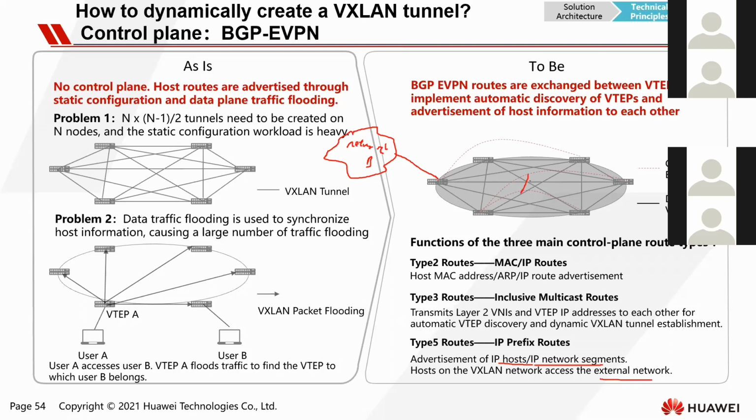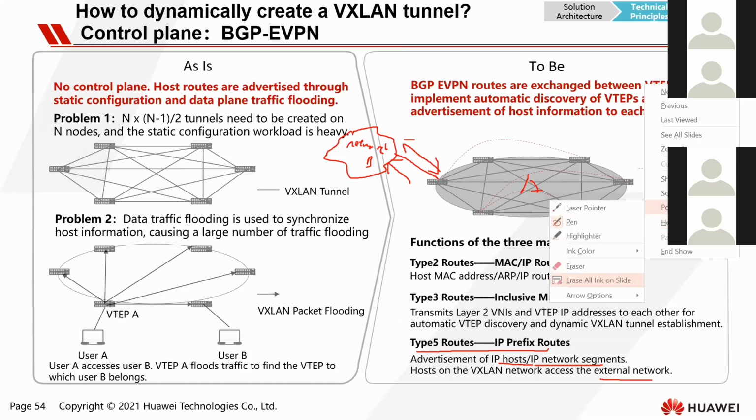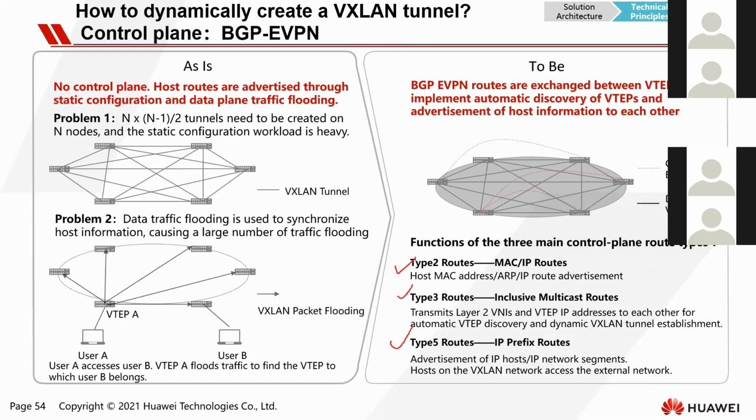Maybe this is network A, network B. When a device in network A wants to communicate with a device in network B, it will use these type 5 routes in order to communicate with the external network. So these are the types of routes that we have: type 2, type 3, and type 5.